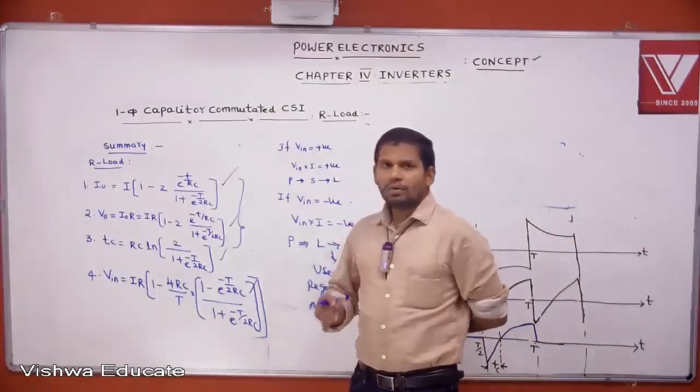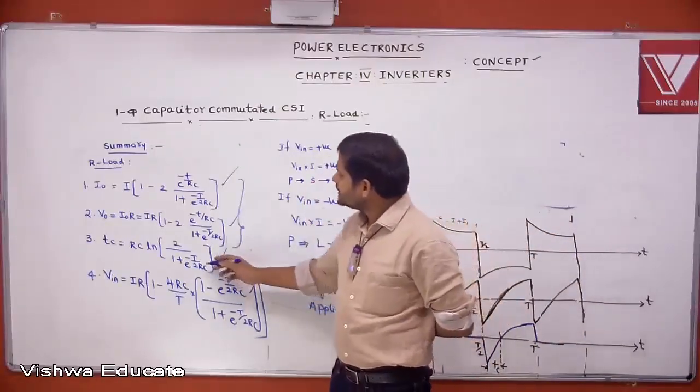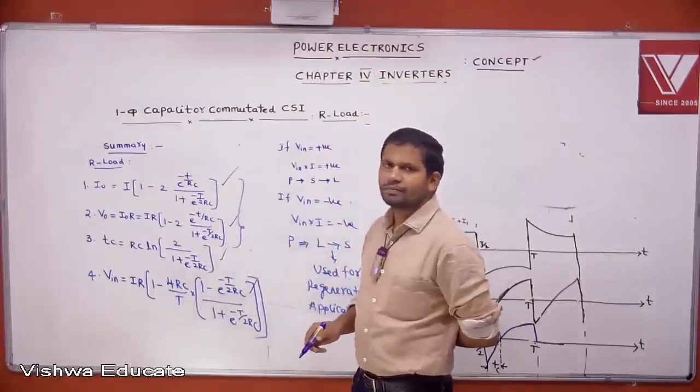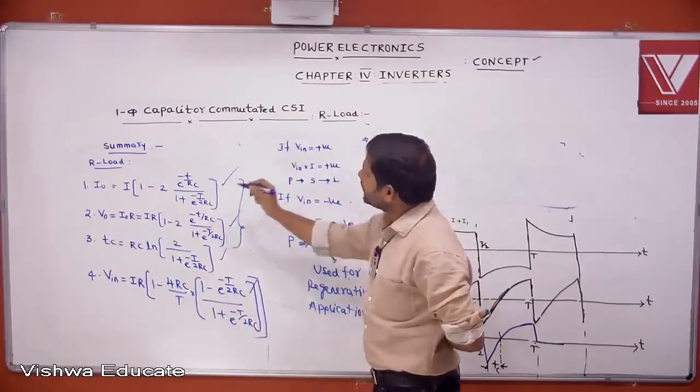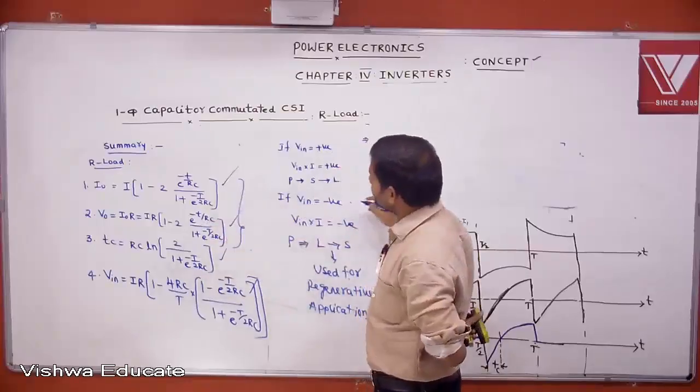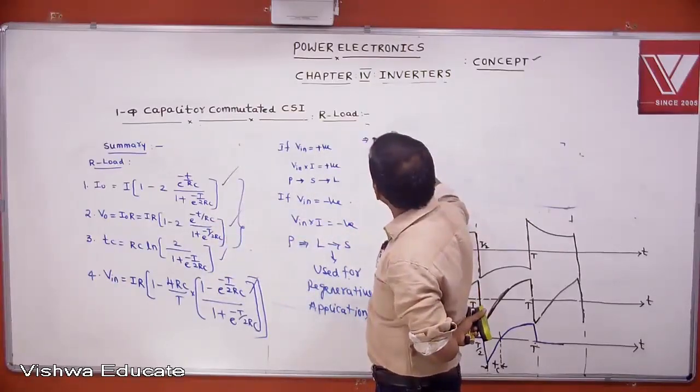For example, one observation here: in this circuit, the turn-off time is taken from relation 3. If T is reduced, the frequency of operation increases.